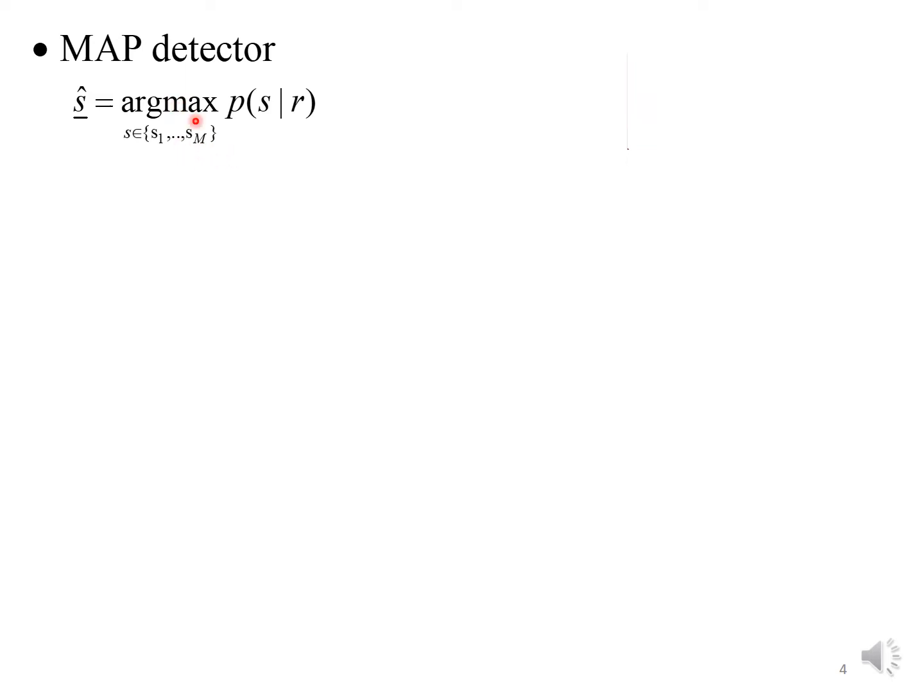And the MAP, as we described in the previous lecture, is based on this conditional probability, conditional on the received signal R. Whichever S, either S1 or S2, has the maximum conditional probability would be selected as the optimum detection result.